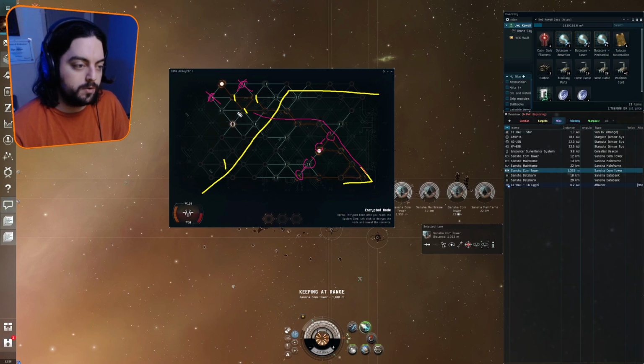Only harmful nodes can be in this whole area. So 1, 2, 3, 4, 5. So I think that almost solves it for us. So like nothing good is in this area.